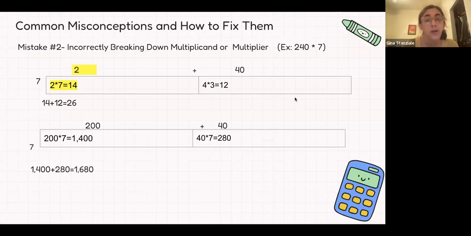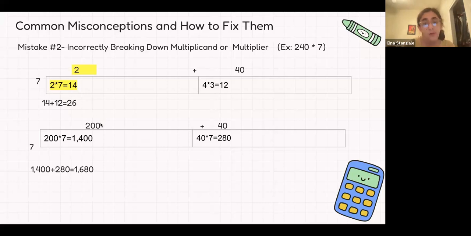So in this example, 240 times 7, they'll say, okay, the 2 goes here and the 40 goes here, but that isn't the format. If you add 2 plus 40 together, it equals 42, not 240. So we see here that that gets you the wrong answer, right? So it is important that they break it down properly.